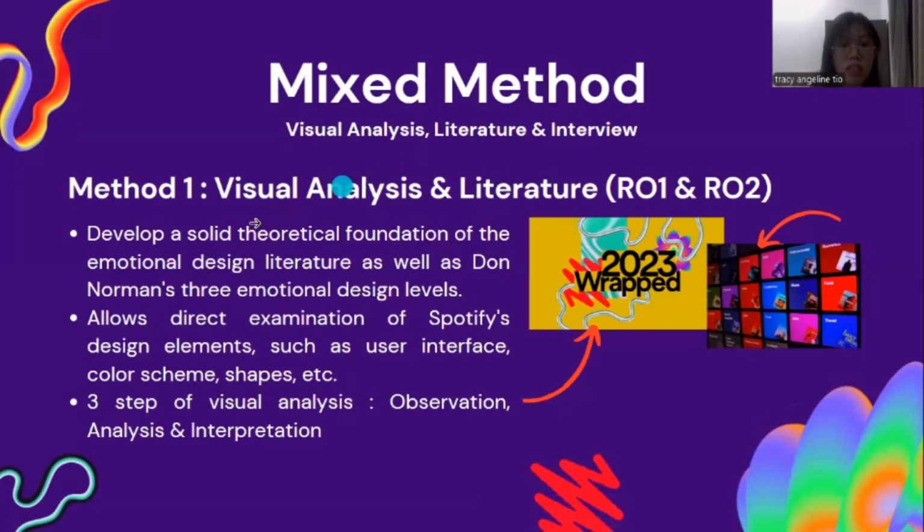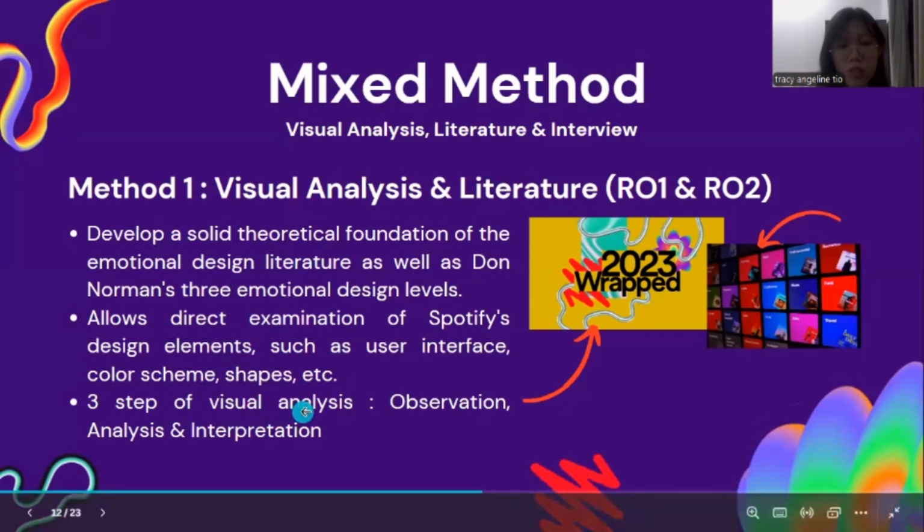This method is to develop a solid theoretical foundation of emotional design as well as Norman's theories. It also allows direct examination of Spotify design elements like user interface, colors, shapes, and others. To do this method, there are three steps of visual analysis, which are observation, analysis, and interpretation.